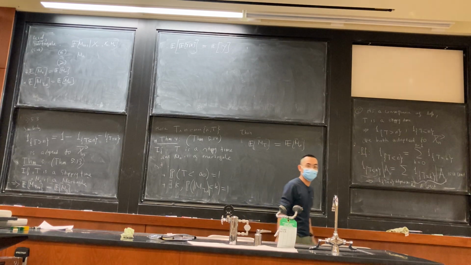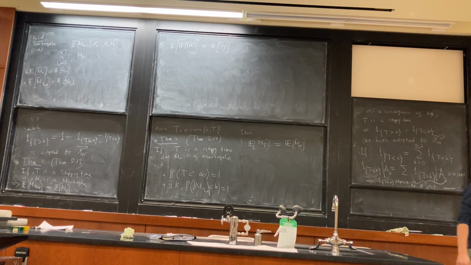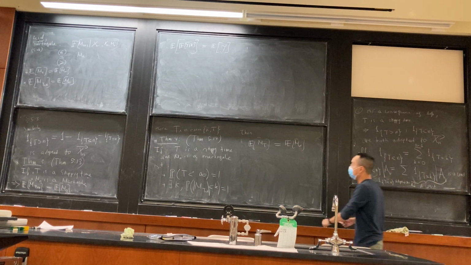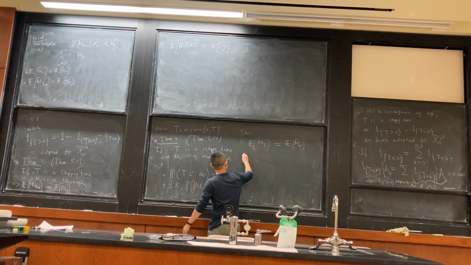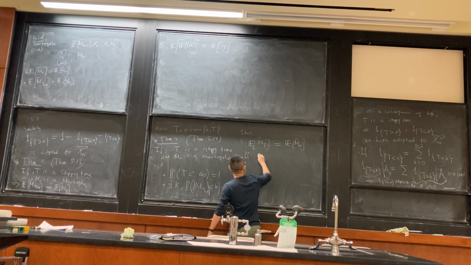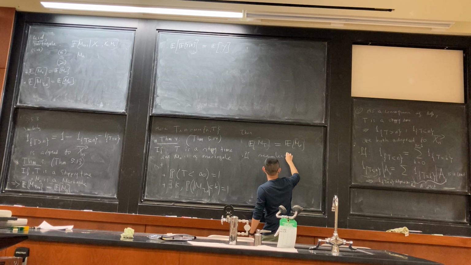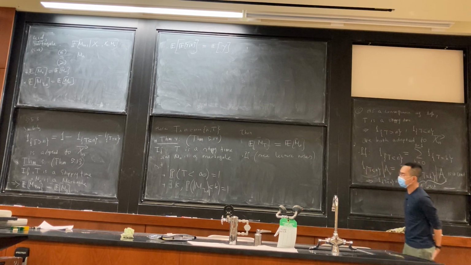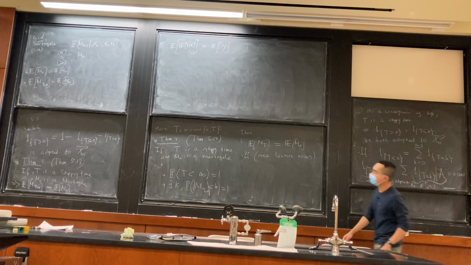Again, for this proof here, I guess I can only refer you to the lecture notes that I will post later on. Or you can read the textbook. But let me just put it up here.